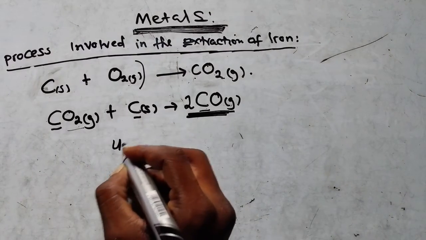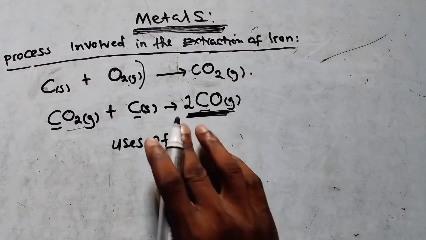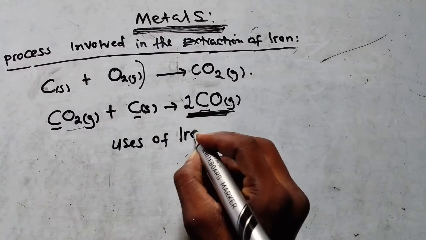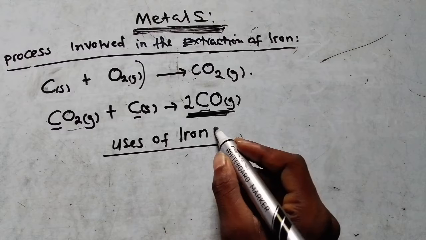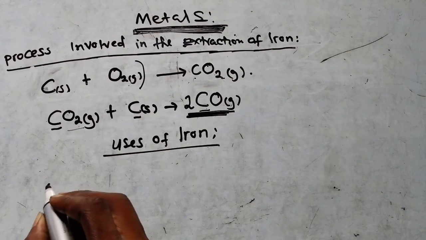Now let's look at the uses of iron. We have been talking about metals, their properties, the extraction of iron, and the processes involved in extracting iron. Now, what are the uses of iron that we have been talking about throughout?